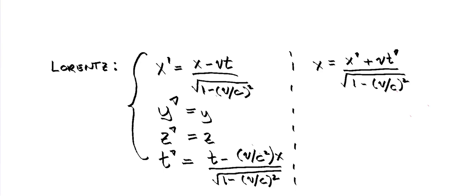And if you wanted to convert back the other way, note that the difference between the x prime equals and the x equals formula is just swapping out primes for unprimed, and switching the minus sign to a plus sign.